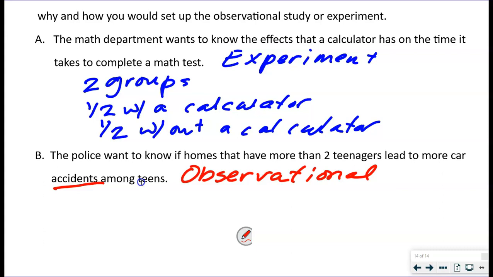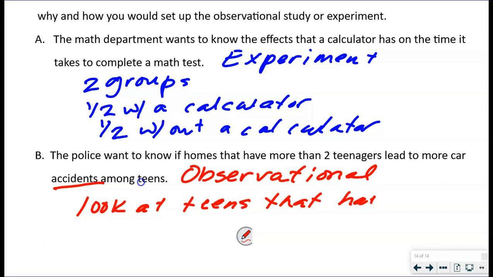So how would you set it up? Okay, so basically you would look at teens that have 2 or more teens at their house.